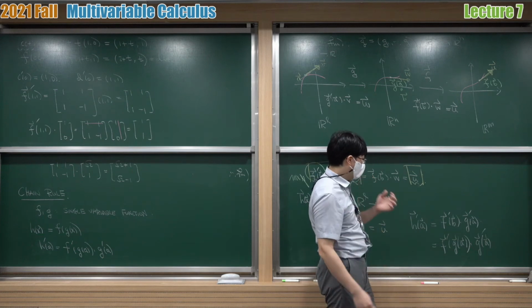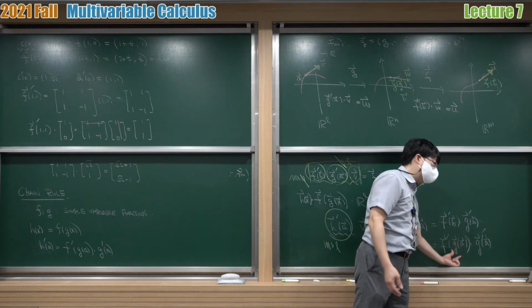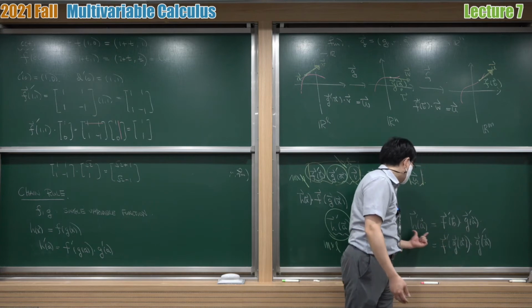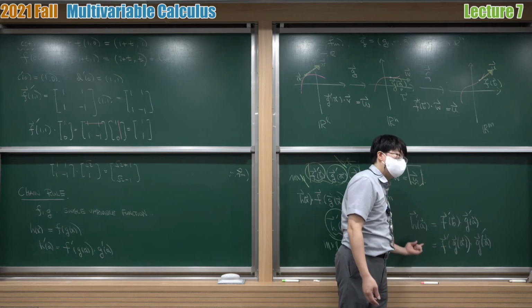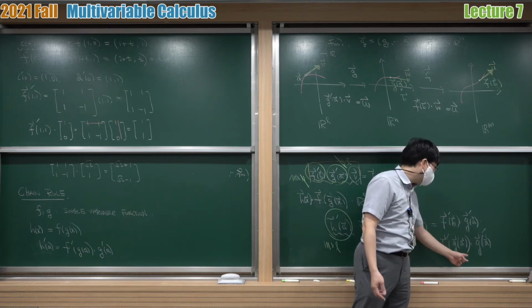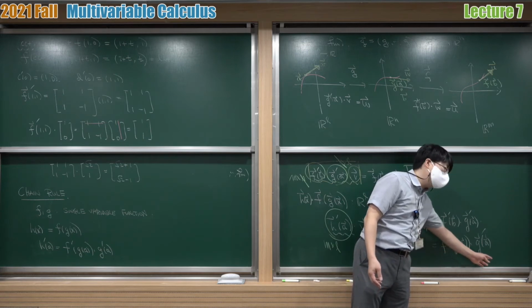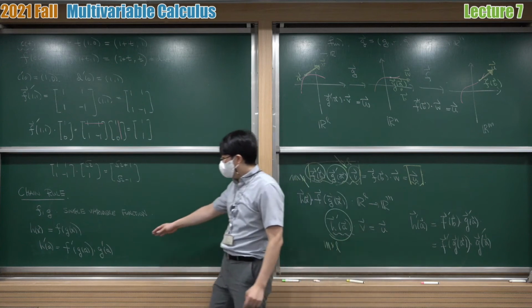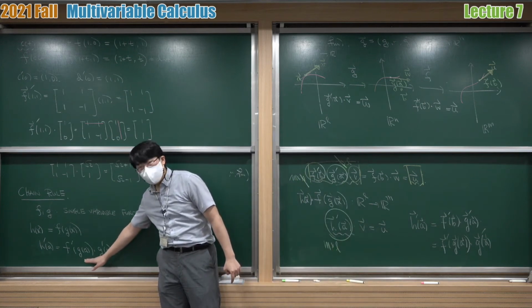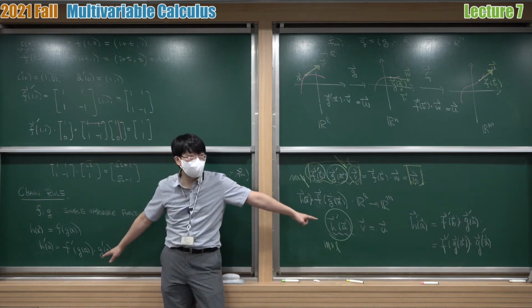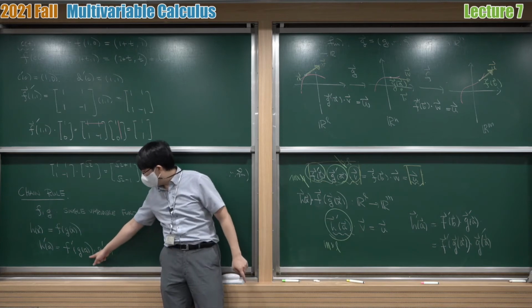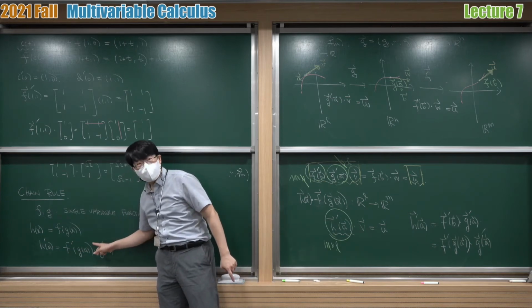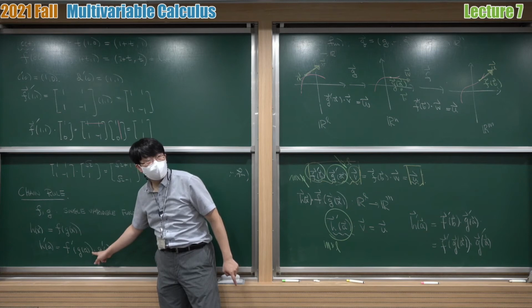But if you only know the differentials of these two functions, you can find out the differential of the composition at that point, just by taking the differentials of each function and then multiplying them together. You can consider this as a special case of the multivariable case, considering this real value as a 1 by 1 matrix.